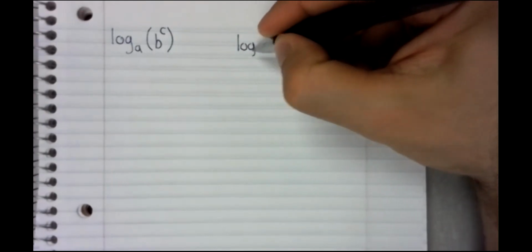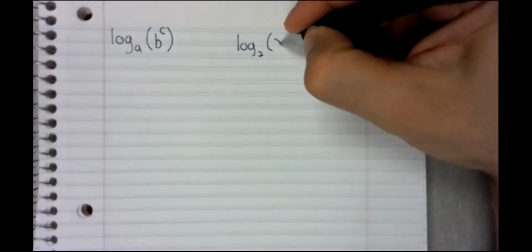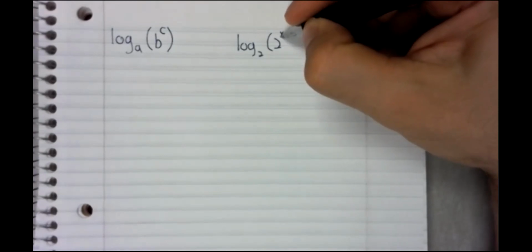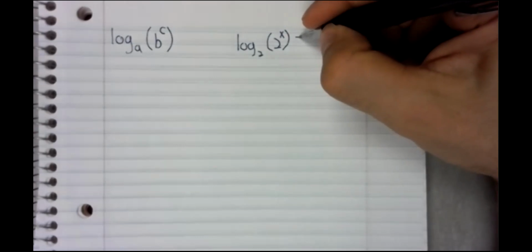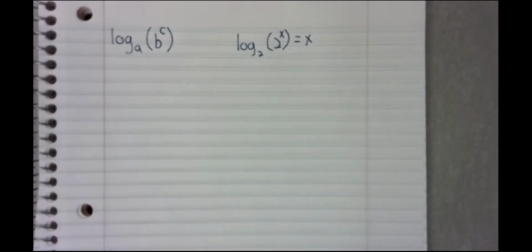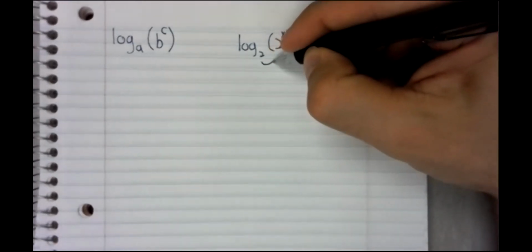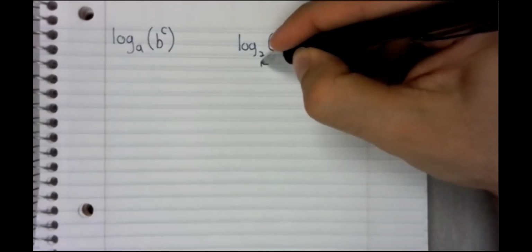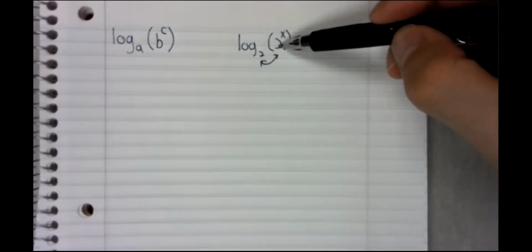But if you want a logarithm and an exponential expression to cancel out and leave you with the exponent, then the base and the exponent must be the same.